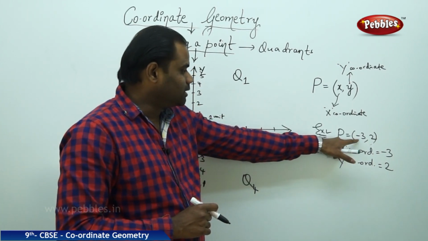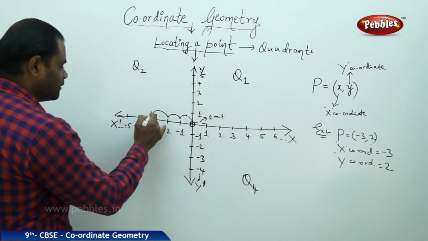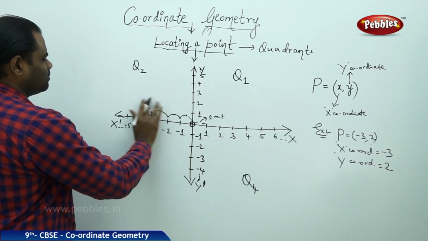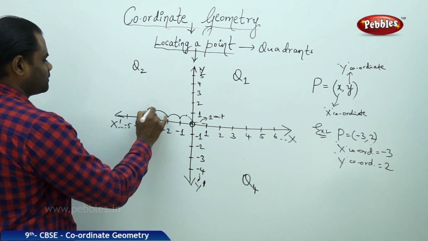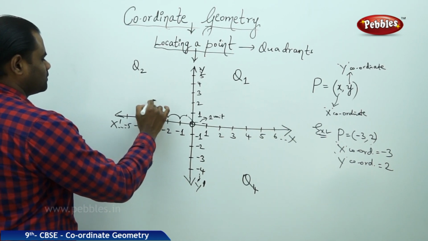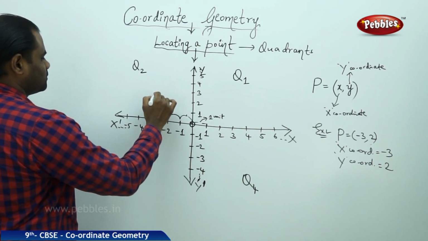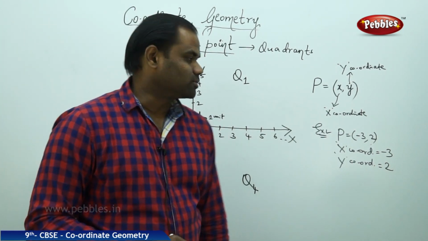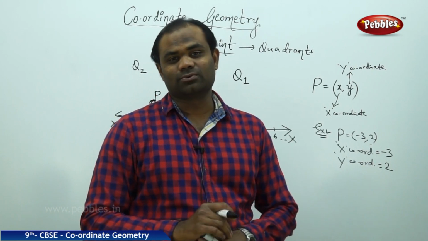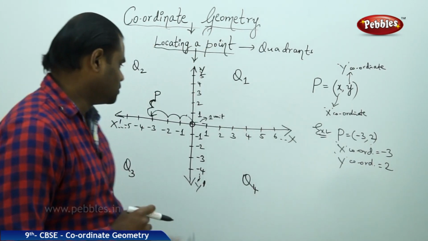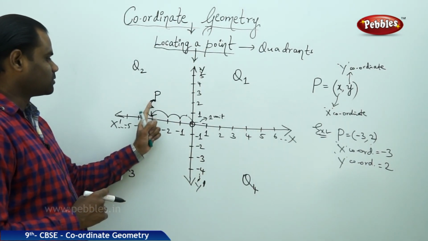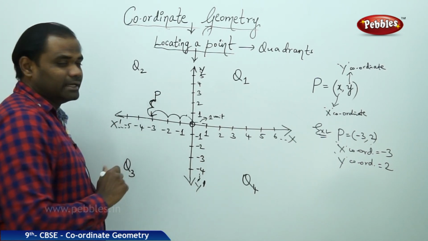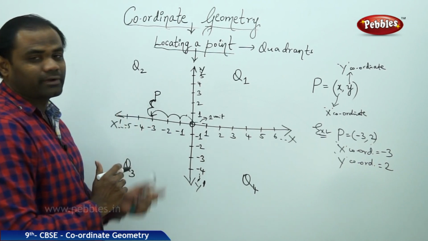So point P moves first 3 units left and then 2 units up. This is where finally the point P lands. So when I locate the point minus 3, 2, I understand that it moves 3 units left and 2 units up. And finally, I see that this point P is now in the second quadrant.